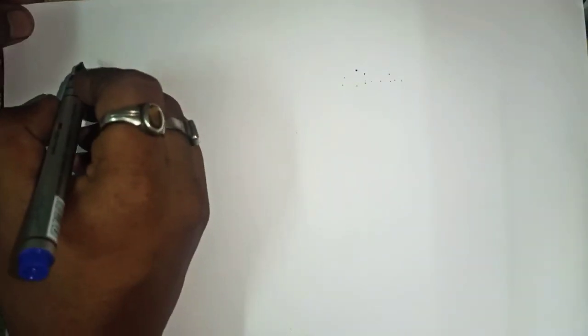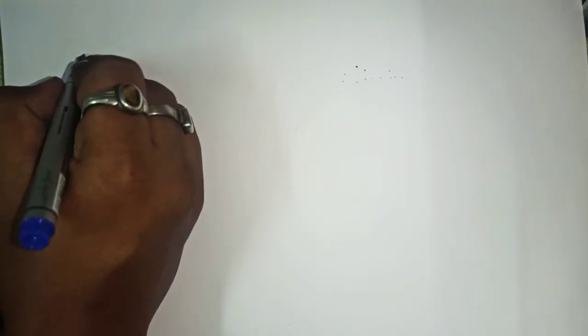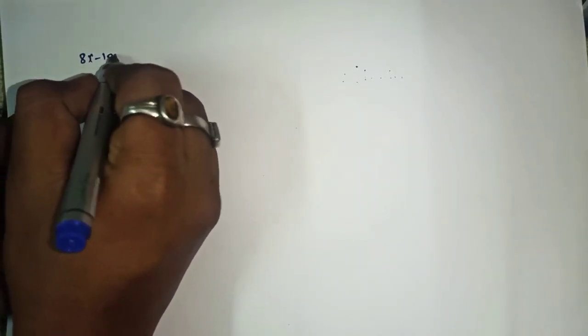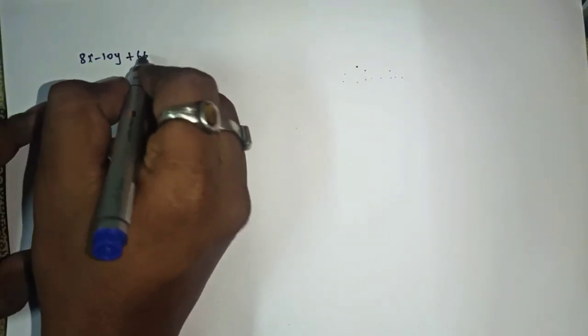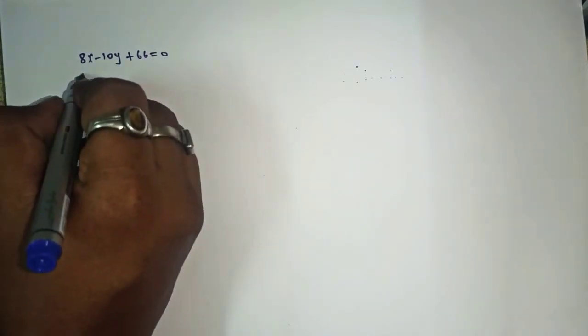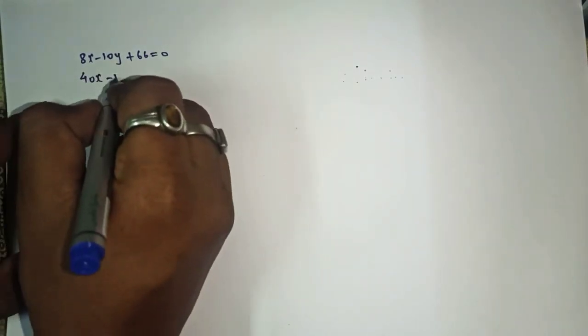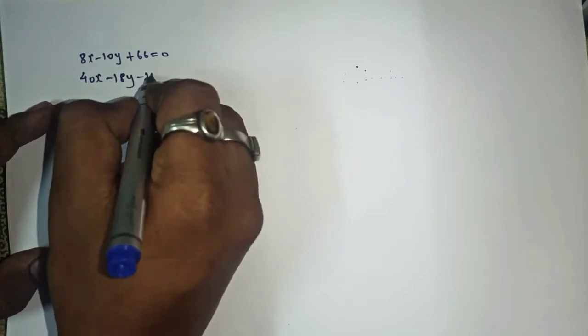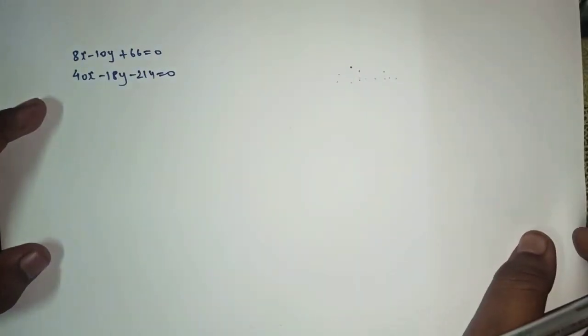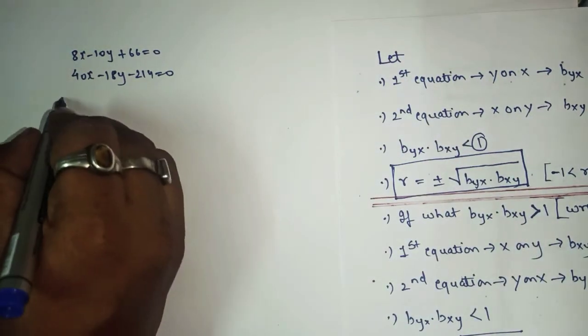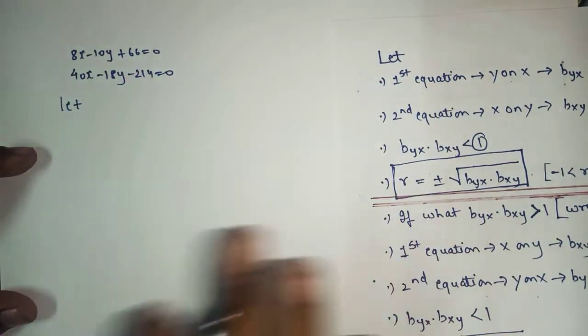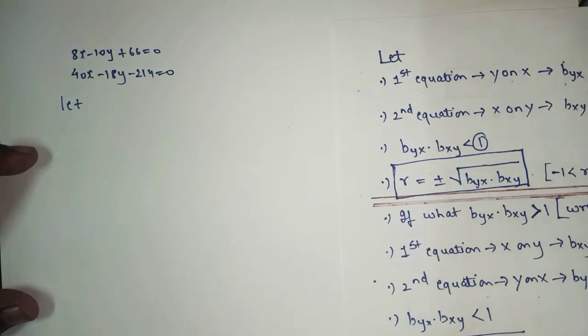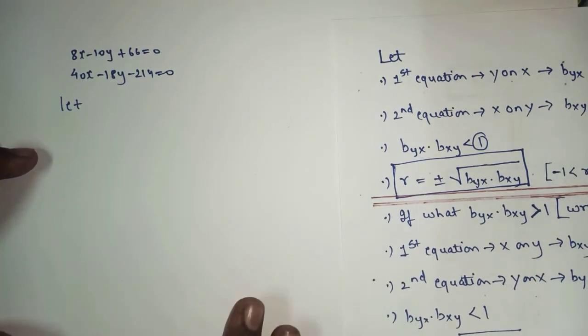So here the first equation is 8x minus 10y plus 66, and the second one is 40x minus 18y minus 214 equals 0. Now I will consider the first equation. In each and every sum you will consider the first as y on x. Okay, remember this.